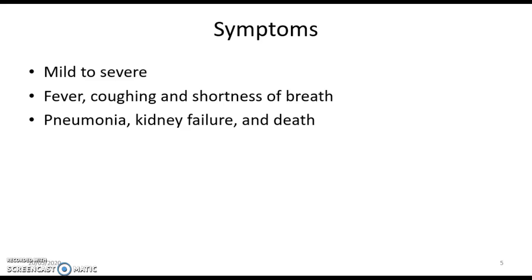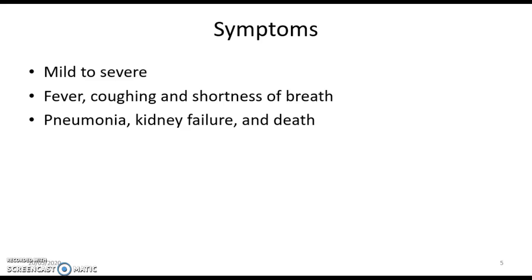The great news is that the majority of cases, around 80% of COVID-19 infections, result in mild symptoms, 15% in moderate, and only 5% in severe symptoms requiring intensive care.